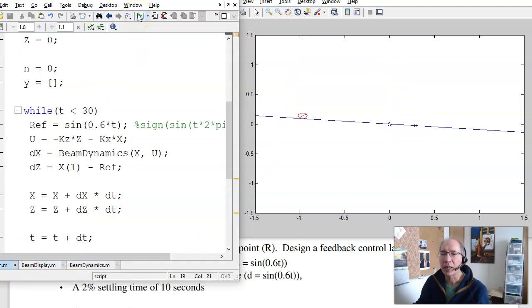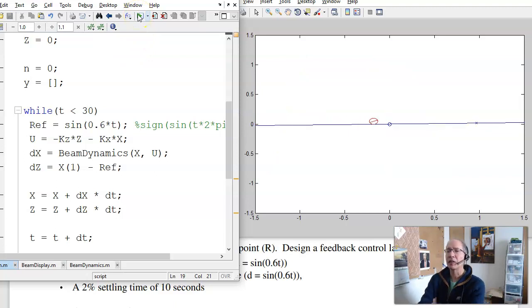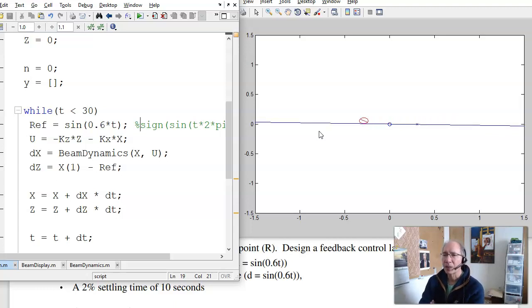I can track a constant, but I have a hard time tracking a sine wave. So there's my sine wave, that little x going back and forth. If it was a constant, I would hit it, but this isn't a constant. And you kind of see that it's just doing a really lousy job, almost completely out of phase.